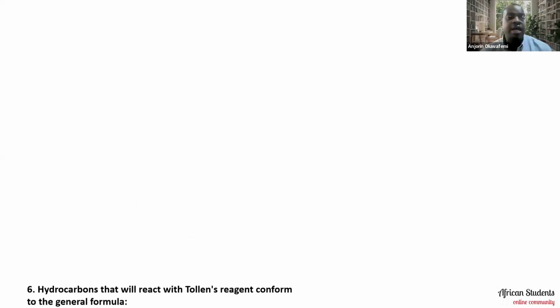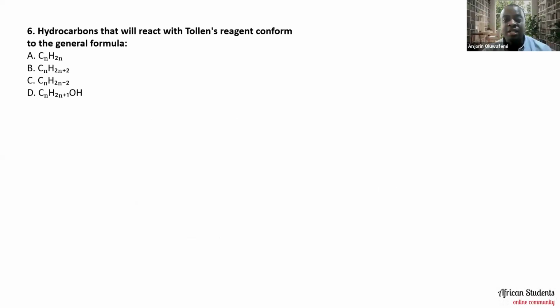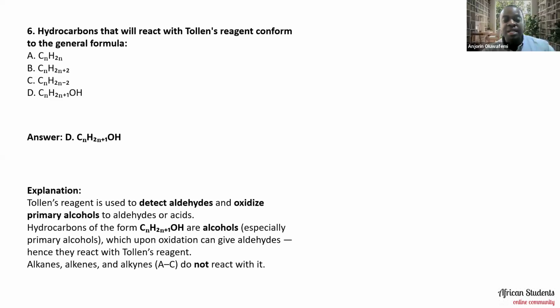The question says that the hydrocarbon that will react with Tollens' reagent conforms to the general formula CnH2n, CnH2n+2, CnH2n-2, or CnH2n+1OH. It will conform to CnH2n+1OH. Basically, Tollens' reagent is used to detect aldehydes and oxidize primary alcohols to aldehydes or acids. Compounds of the form CnH2n+1OH are alcohols, especially primary alcohols, which upon oxidation can give aldehydes.